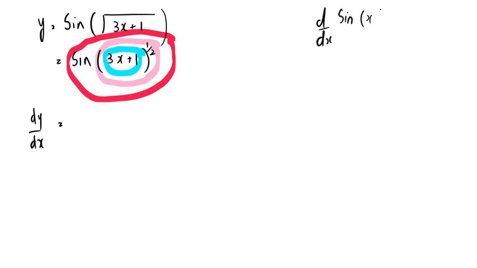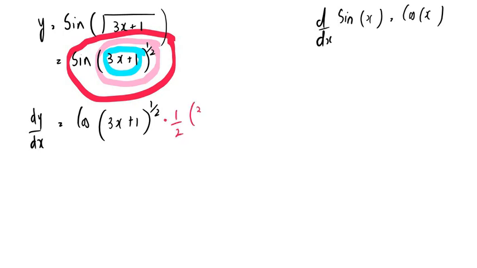So let's first differentiate dy over dx, the parent function, keeping the baby and the function inside that the same. So sine, we know a differentiation of sine x is equal to cos x. So we say cos (3x plus 1) to the power half.